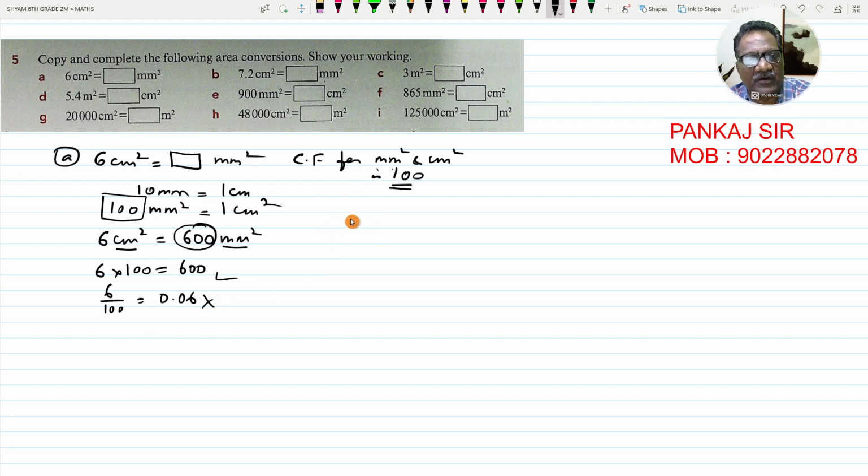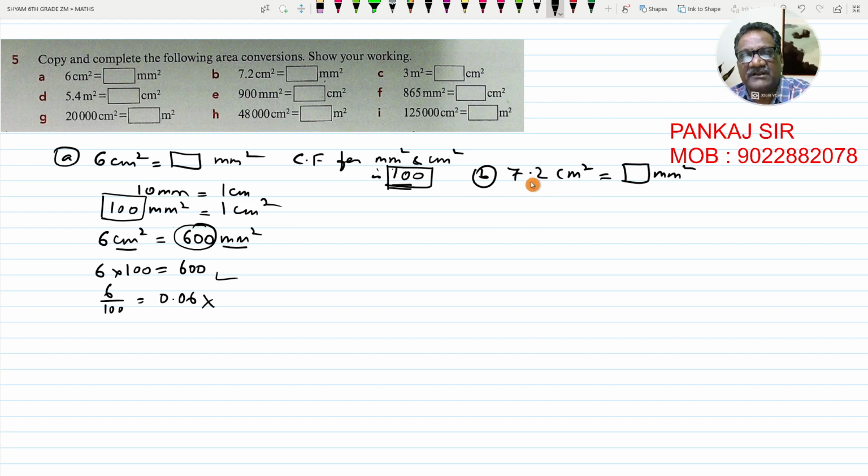Now let us try B. The B question says that 7.2 centimeters squared is equal to how many millimeters squared? Again, the conversion factor between centimeter squared and millimeter squared is decided, it is 100.